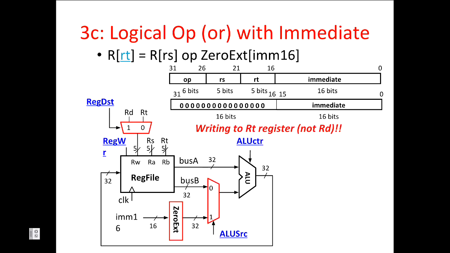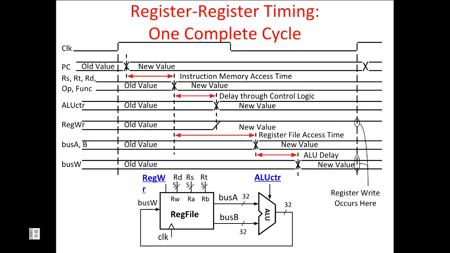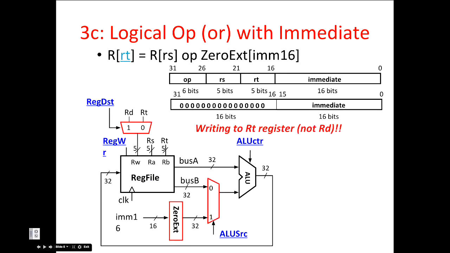But notice now that this is slightly different from the add instruction where we're writing to RT, not RD. Here we were writing to RD. The read-write port of that reg file is taking RD as an input. But for I-types, we don't have an RD. We need to write to RT. So now we're again going to have to introduce another mux, because sometimes we want RD and sometimes we want RT.